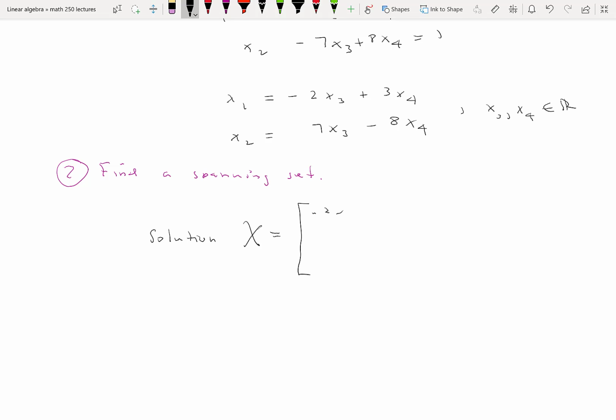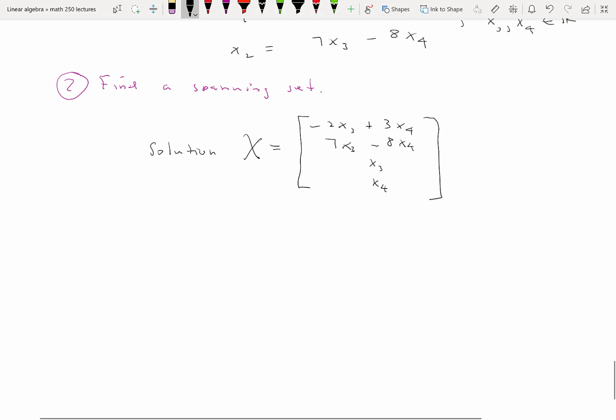X1 is negative 2x3 plus 3x4. X2 is 7x3 minus 8x4. X3 and x4 are free variables. So there's our solution in terms of a vector from R4.